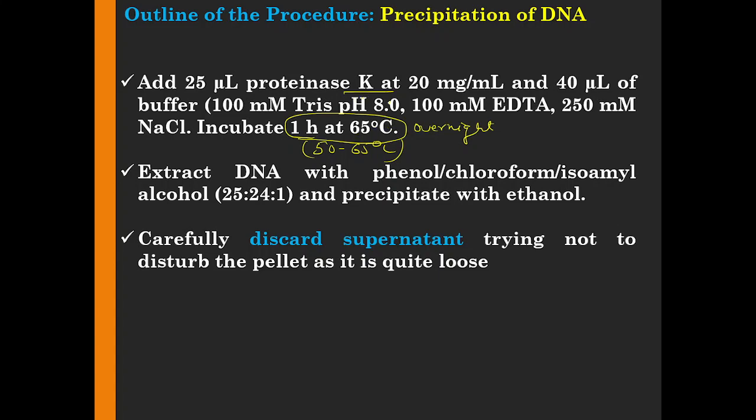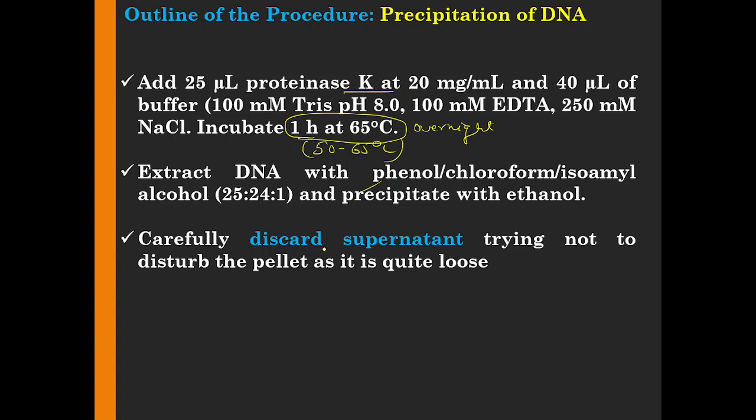Why are we using this? Any nucleoproteins that are residual, though we have added the DNases before the proteinase K, but if some DNA has been protected by the histone proteins, the proteinase K will also remove that. Then you add the phenol chloroform in this ratio.